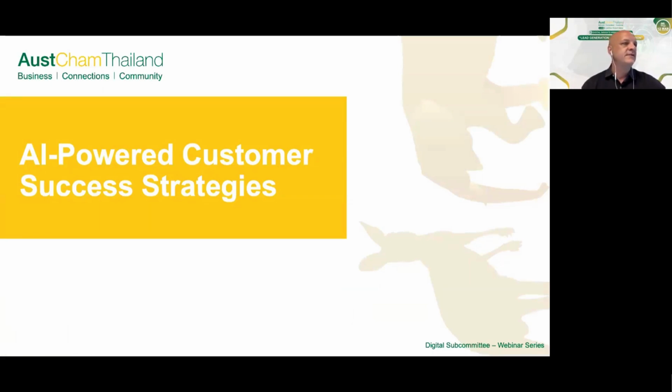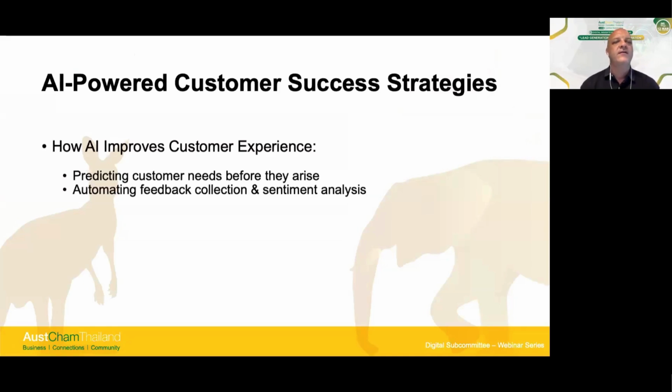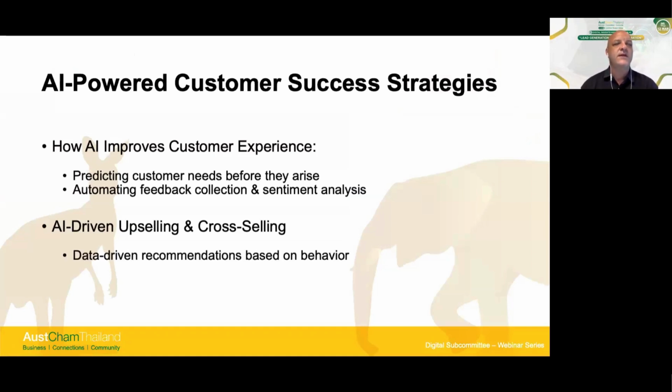So let's have a look at AI-powered customer success strategies. So how AI can improve the customer experience. With AI, we can start predicting the customer needs before they arise. We can automate feedback collection and sentiment analysis. We can also use AI-driven upselling and cross-selling, with data-driven recommendations based on behavior.